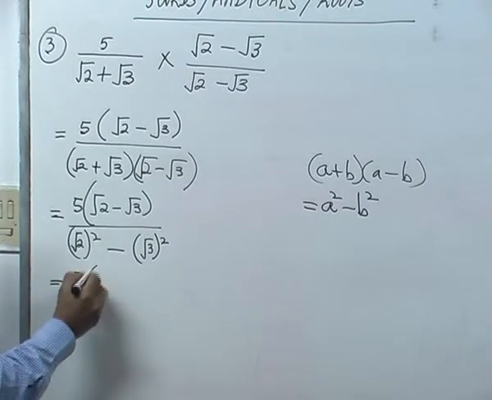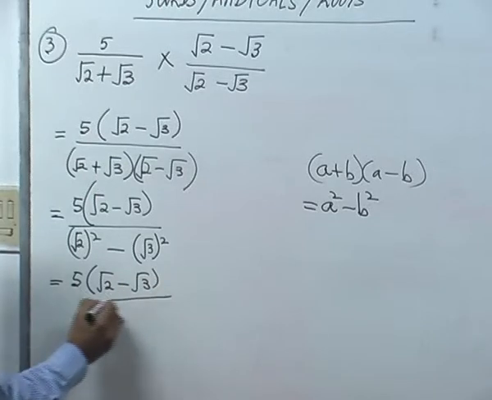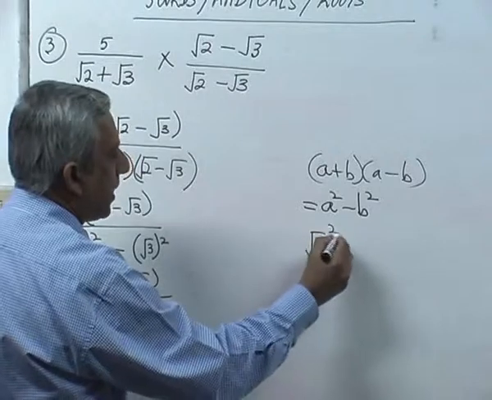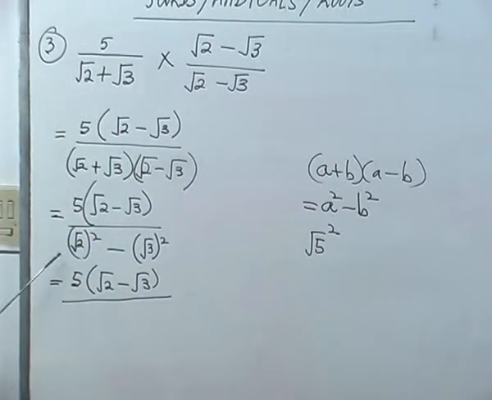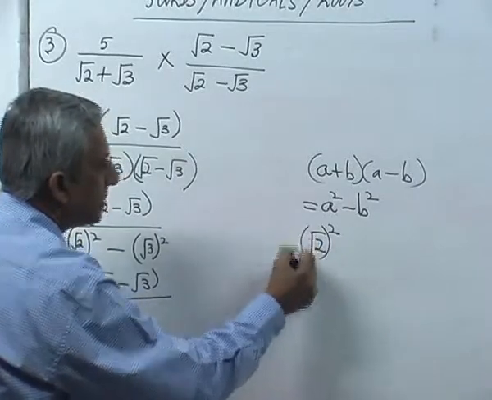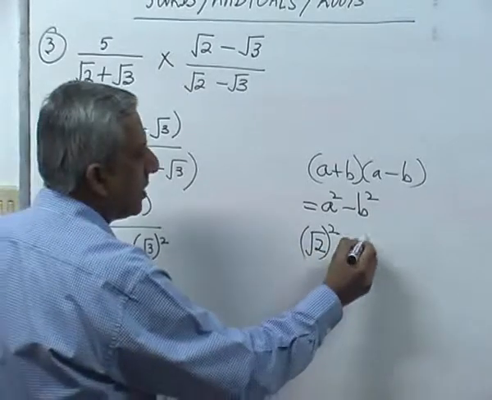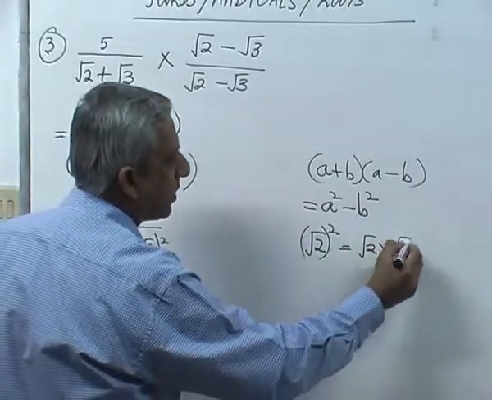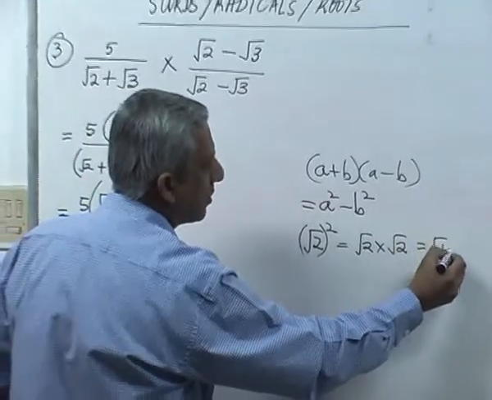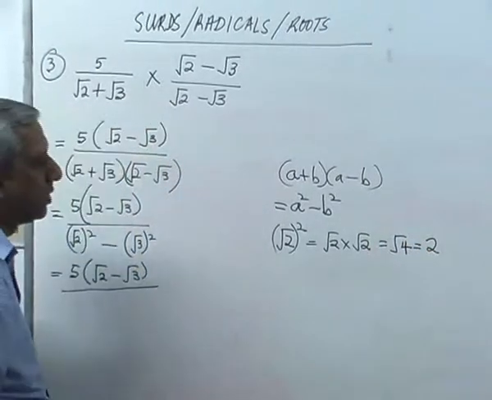Now that's 5 into square root of 2 minus square root of 3 all over. Now, square root of 2 squared, this one. Square root of 2 squared means square root of 2 times square root of 2. Square root of 2 times square root of 2 really means square root of 4. Square root of 4 is 2.